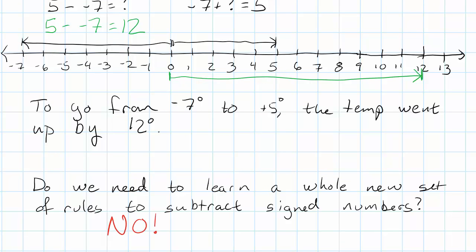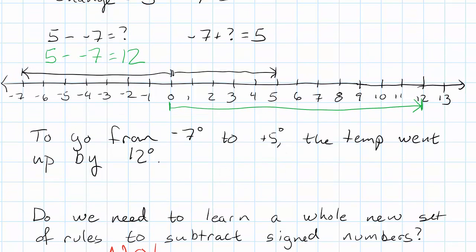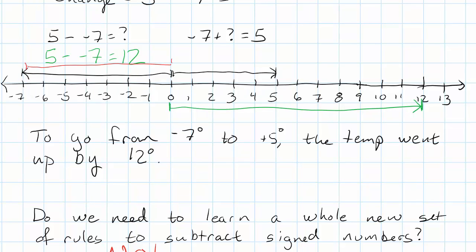Good news. We do not need to learn a whole new set of rules in order to subtract signed numbers. Why not? Well, look what happened here, right? In order to go from negative 7 up to 0, we needed a change of positive 7.